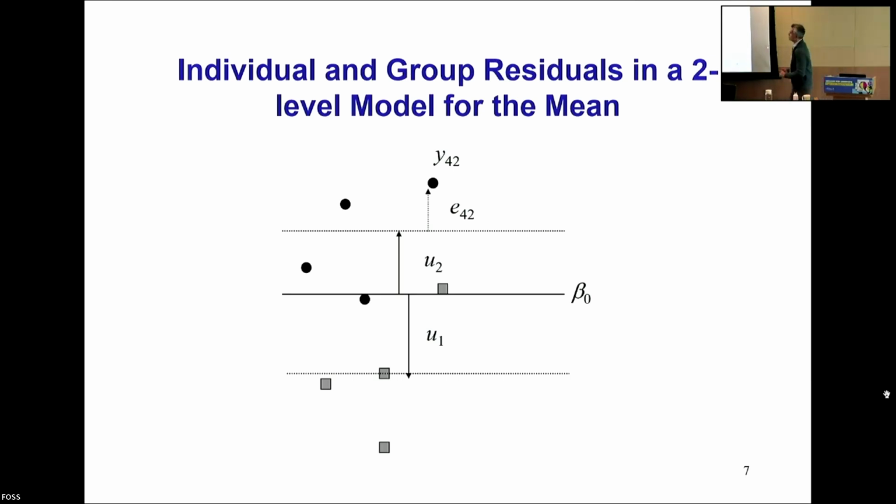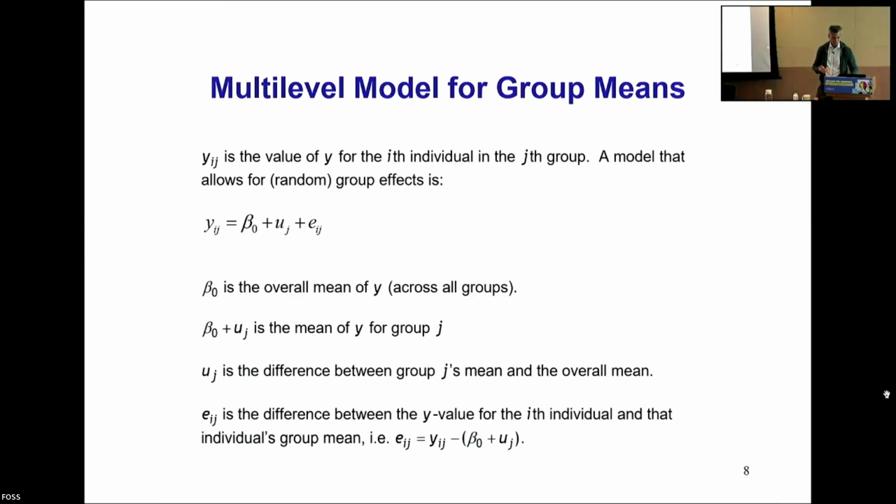So that's another illustration of the decomposition of the total variance into these two components. Beta naught is just the overall mean of y, and beta naught plus uj, where uj is the group level variance, is the mean of y for a particular group j.